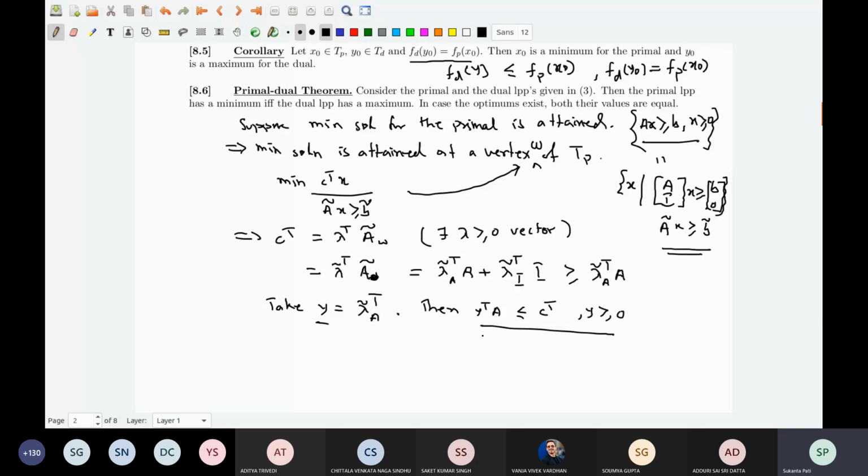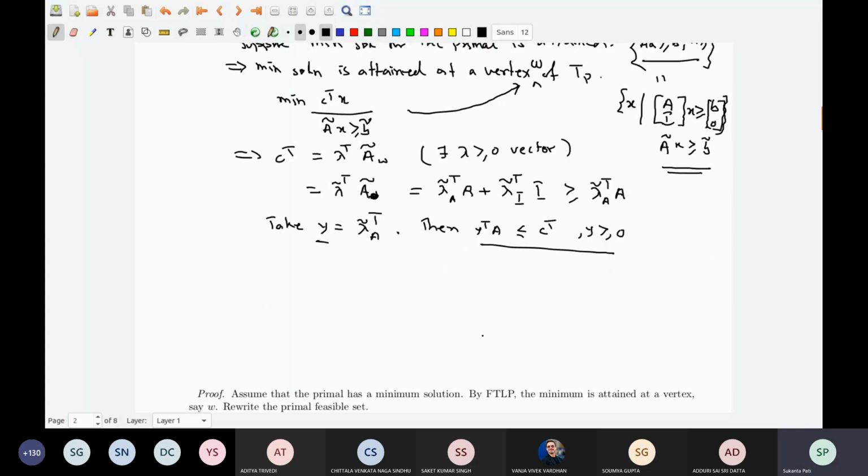Now all I have to show is that the dual objective function value is the same as the primal objective function value. So I have to show y transpose b, somehow I have to show that it is equal to C transpose W.